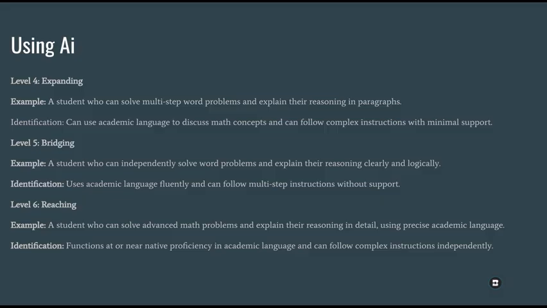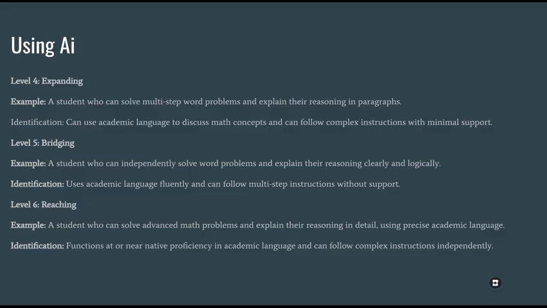Are they expanding? Level 4, a student who can solve multi-step word problems, explain their meanings in paragraphs, can use academic language, discuss math concepts, and can follow complex instructions with minimal support. They still need help, but they are able to get most of it done.